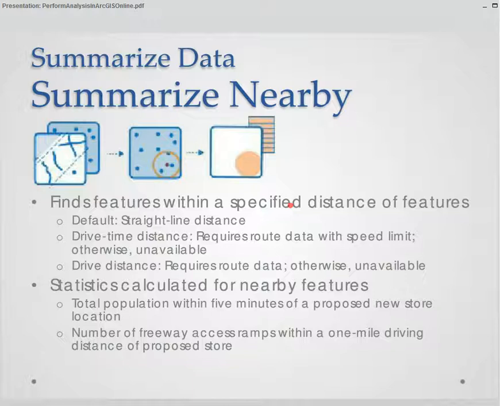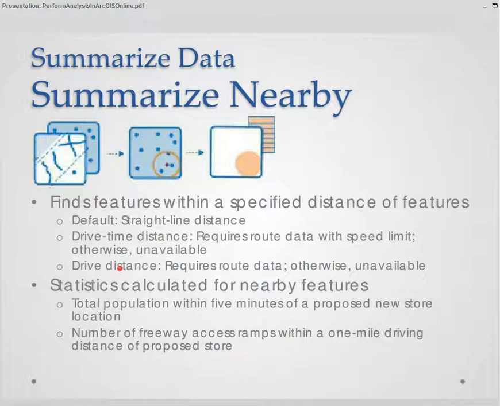You do not have the option of drive time distance and drive distance if you do not have a route data set, or those would probably require the network analyst. I'm not sure if straight line distance requires network analyst because it's just a buffer distance. But the drive time distance and the drive distance requires a route data set.